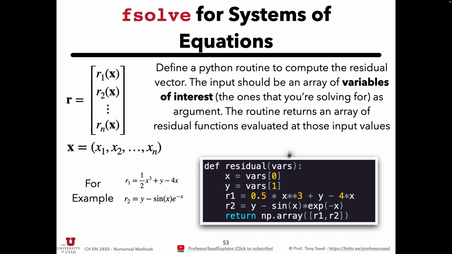Vars is just an argument for the residual subroutine. In the 1D case, where you had a single unknown, that referred to the kth iteration of the root. So internally, f-solve is calling that residual function over and over again. Just like we did when we wrote the code, we call residual on xi, right? So Python is doing the same, except now it's going to do it for two roots, x and y, right?